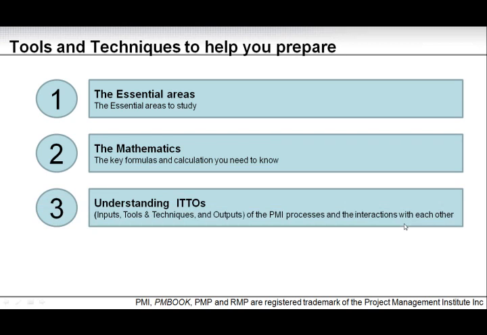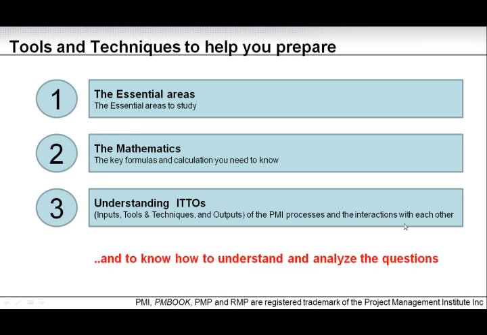And then lastly we will look at understanding what is called ITTOs, inputs, tools, techniques and outputs of the PMI processes and the interactions with each other of the processes. So these are the three areas that we will go through in our tools and techniques lesson. And then we will also give you how to understand and analyze the questions, and that will be our next lesson.